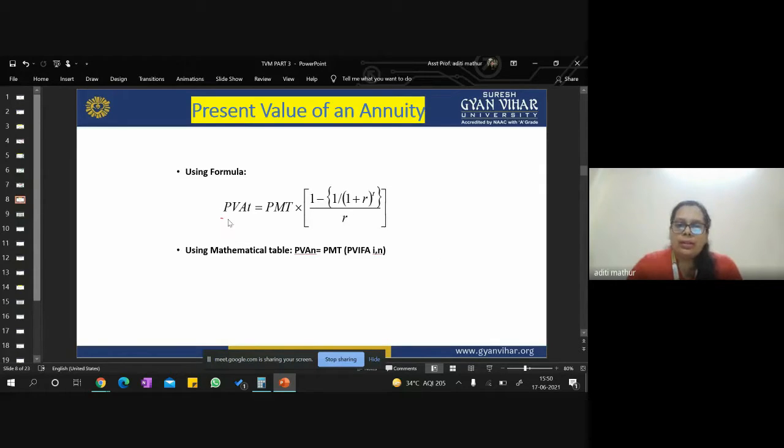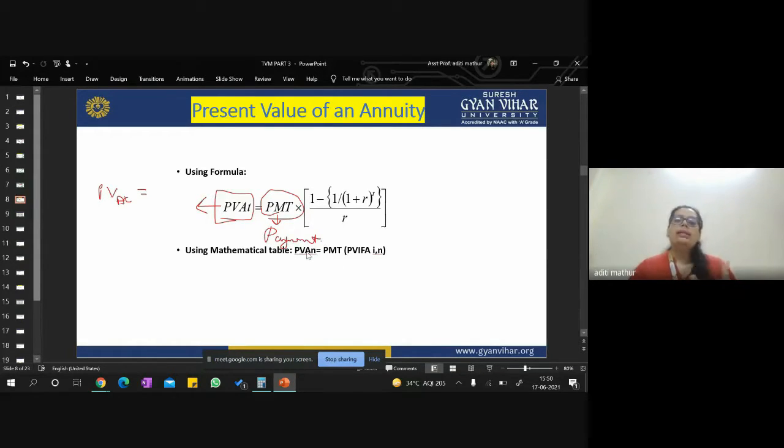The first term you can see in the formula is PVAT, which stands for present value of annuity. Annuity is denoted as capital A and small t. This is annuity, right? So the present value of annuity is equal to PMT, that is your payment.